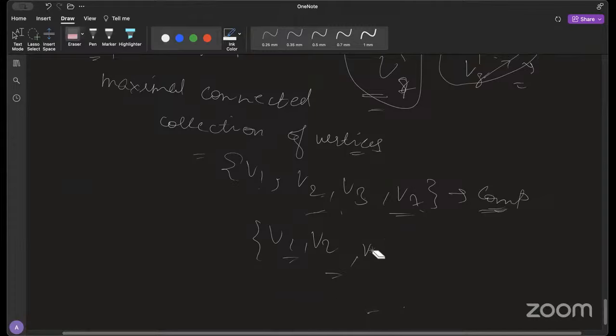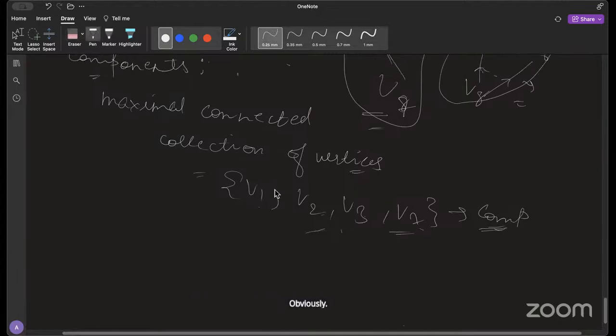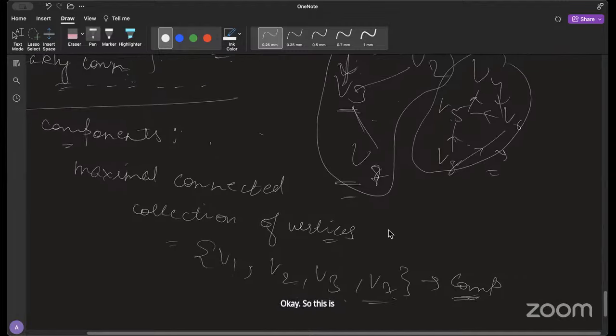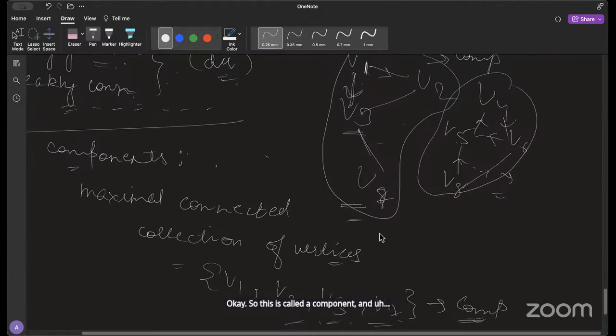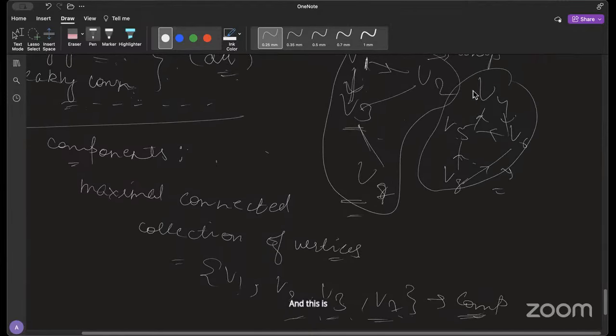Superset and subset of what? The vertices of the connected graph. This is a subset of the collection of all the vertices. Okay, so this is called a component, and this is the other component.